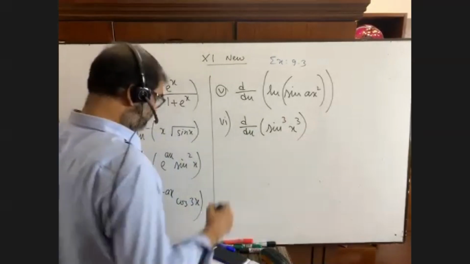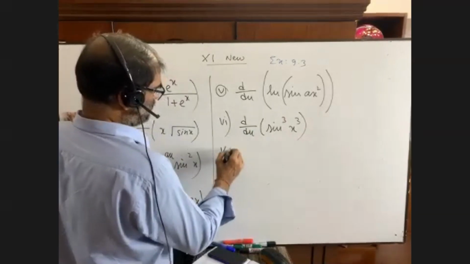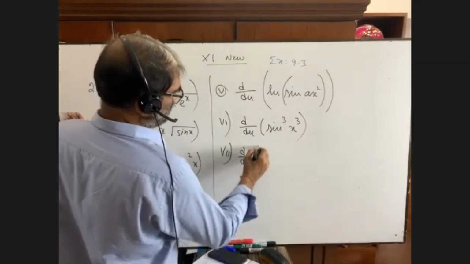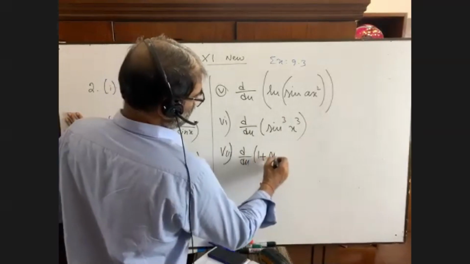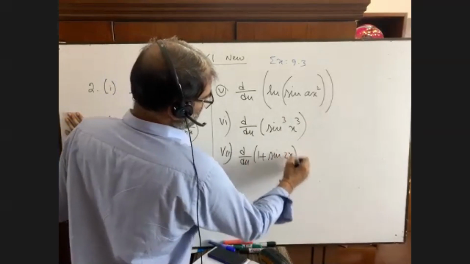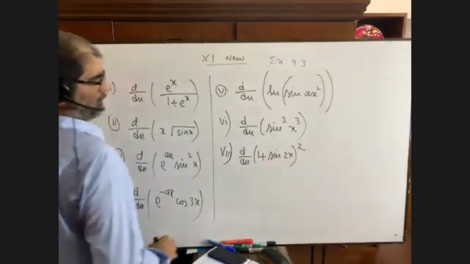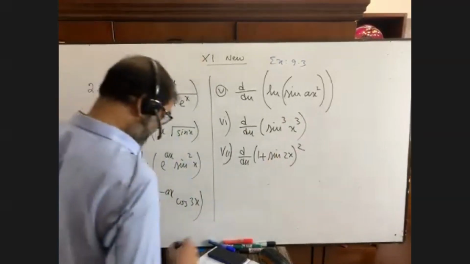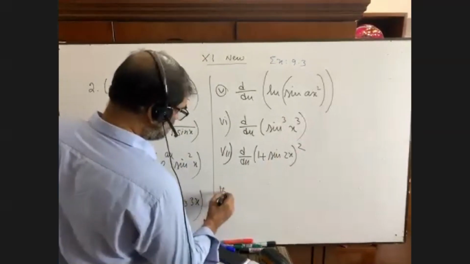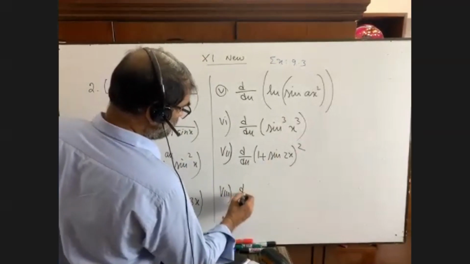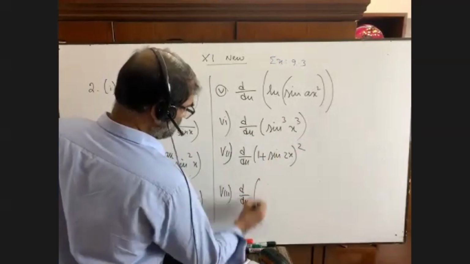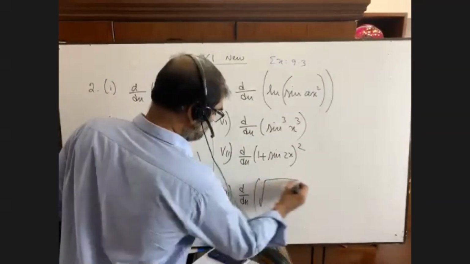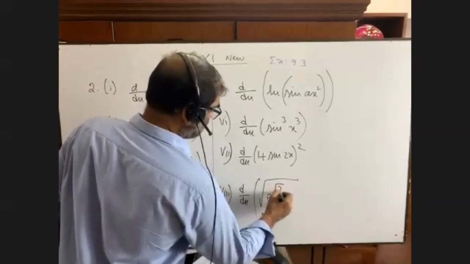Number 7, 1 plus sine 2x whole square, d by dx of 1 plus sine 2x whole square. Number 8, d by dx of e to the power root over e to the power root over x.